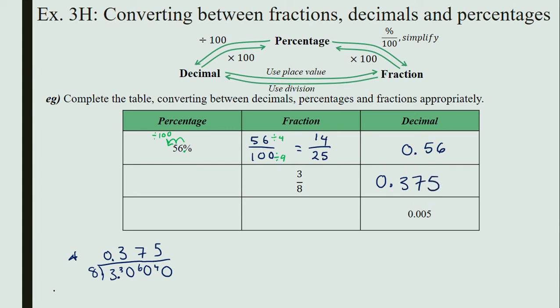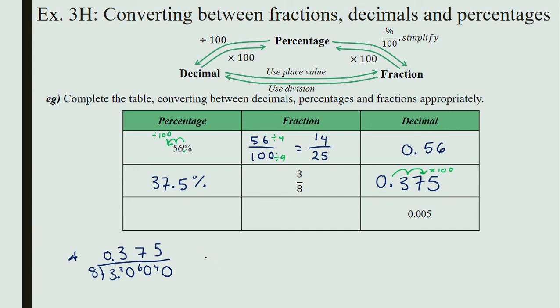And then again, to convert that decimal to a percentage, we can just multiply by 100, which is the same as moving the decimal point to the right 2 places. So we have 37.5%.